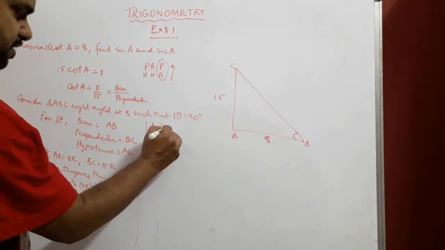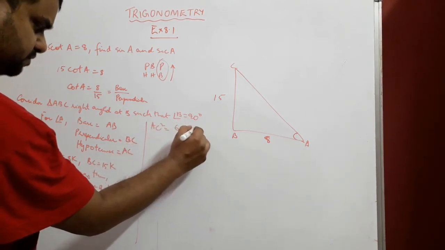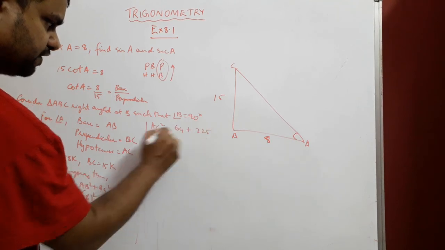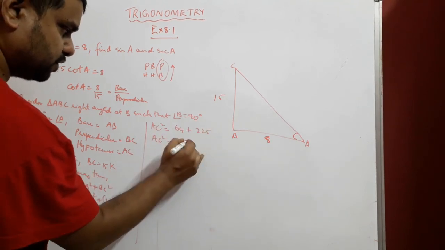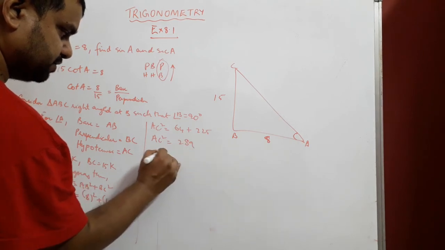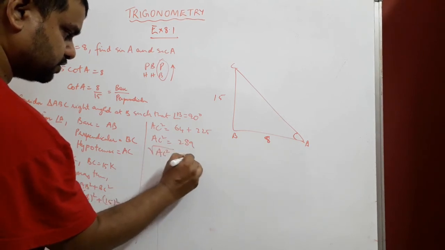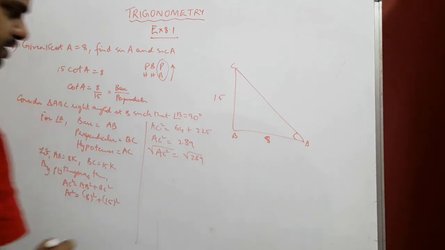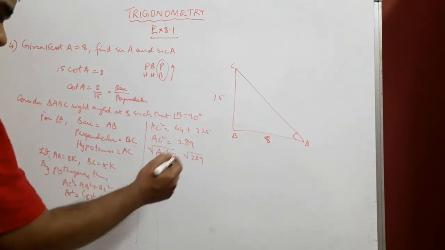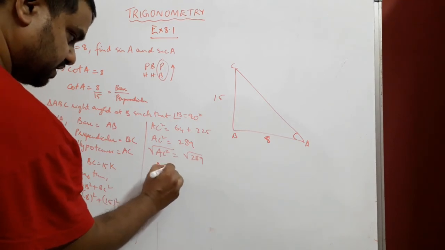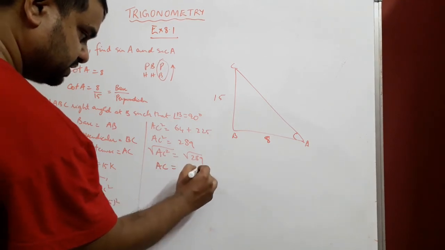AC square can be written as 8 square is 64 and 15 square is 225, which means AC square equal to 289, which means square root of AC square equal to square root of 289. The square root of 289 is 17. So we take AC equal to 17k.